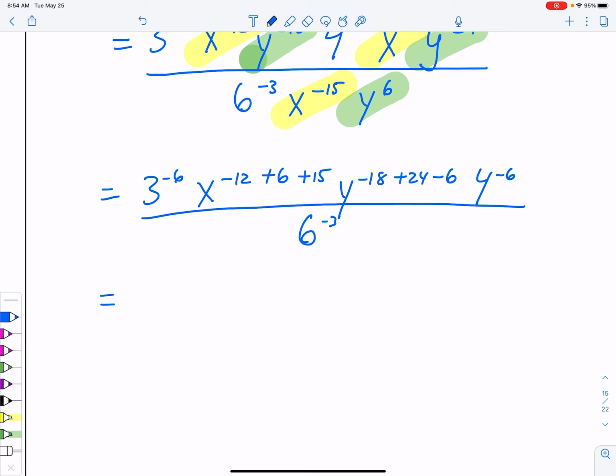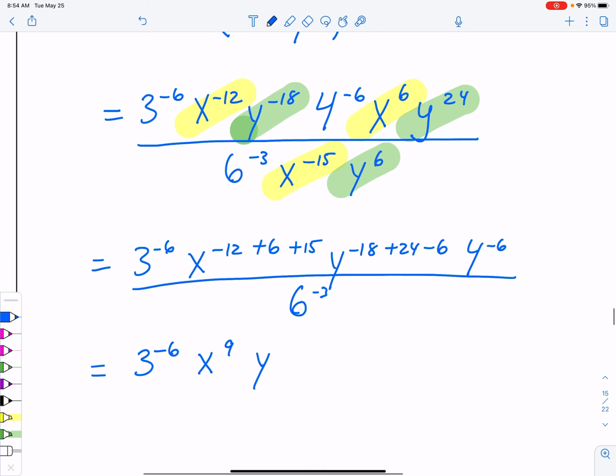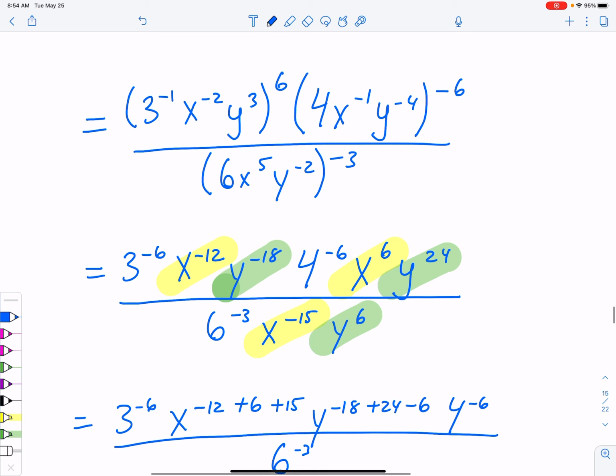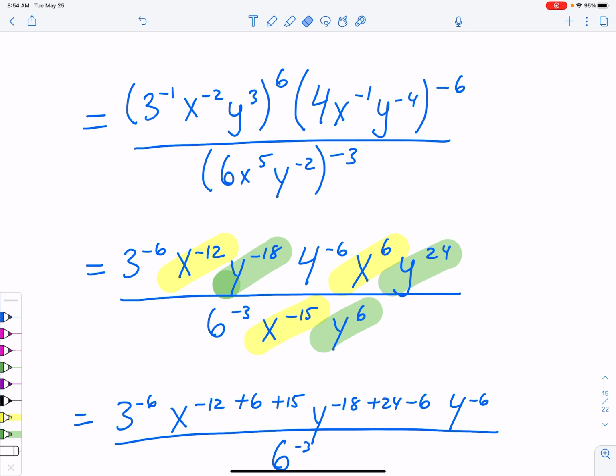Okay, so now we can simplify. So we get 3 to the minus 6, x to the 9, y to the, what have 36? Is it negative 18? Oops, I made a mistake here.